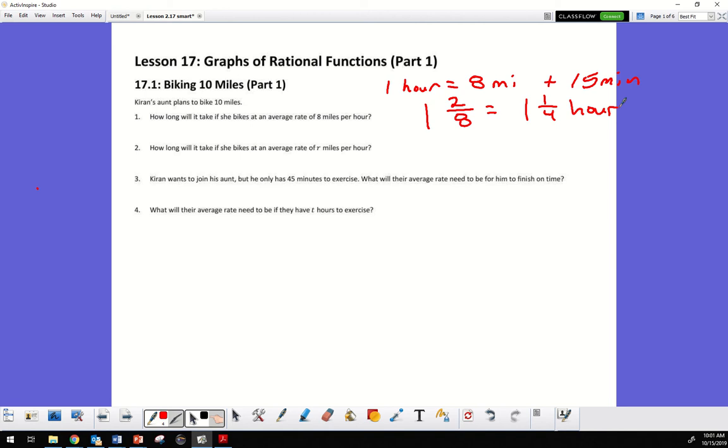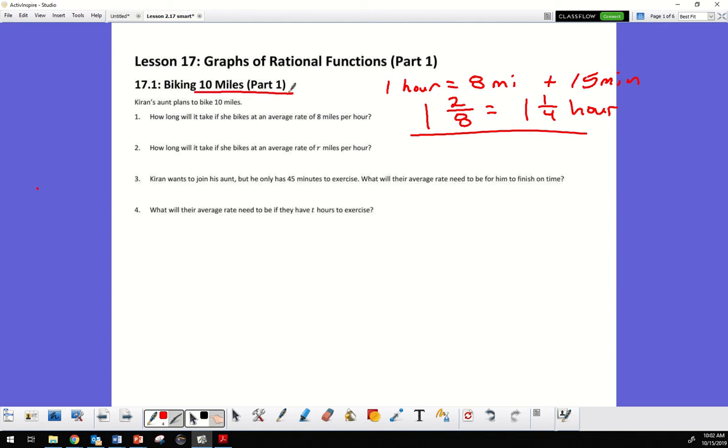How long will it take if she bikes an average rate of r miles per hour? So let's go back to how I wrote it like this. Can I write that as an improper fraction? Yes, I can. If I write it as an improper fraction, that means the number on top is bigger. So how many miles? 10.